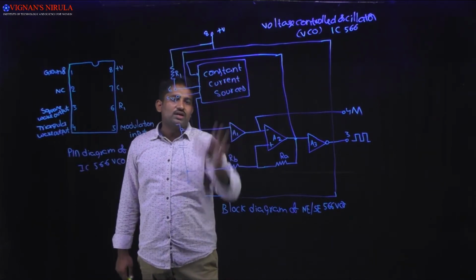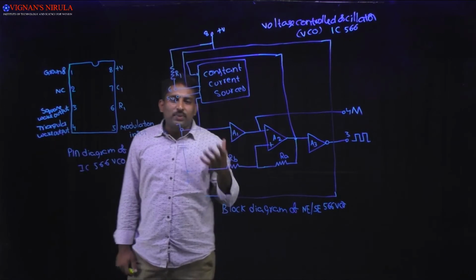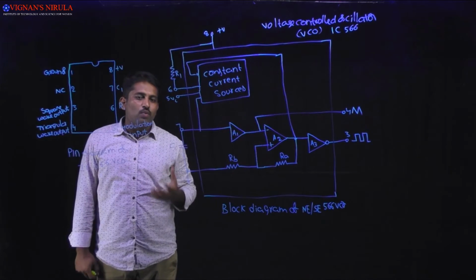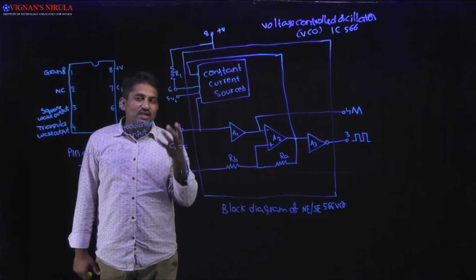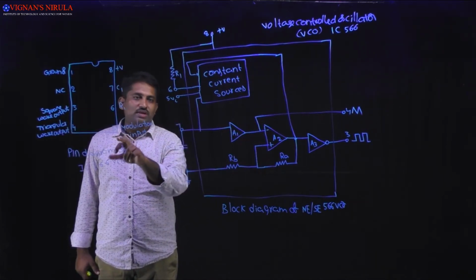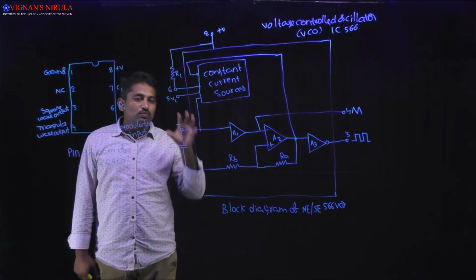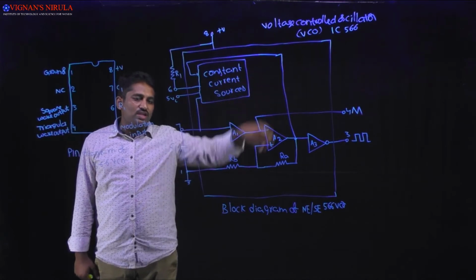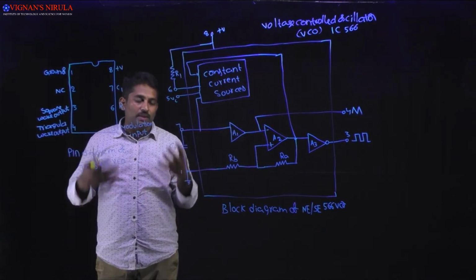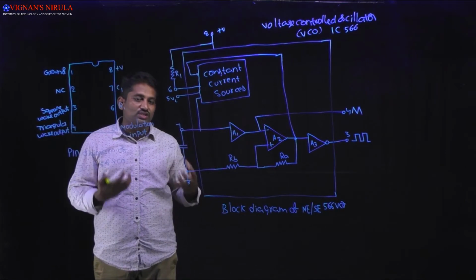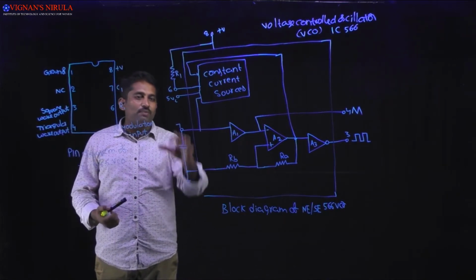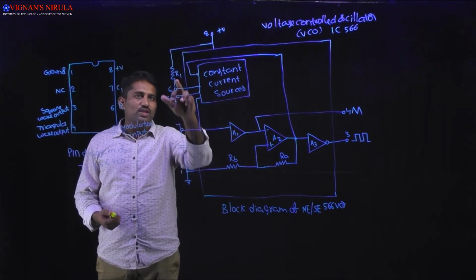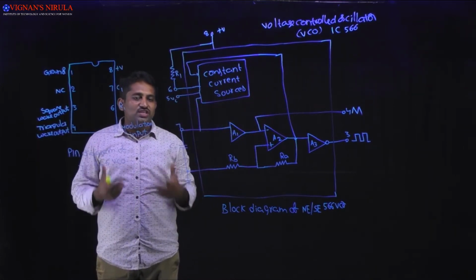Here I am applying the modulating voltage VC at the control voltage pin, which is the 5th pin. With this modulating input voltage the current varies, and accordingly the capacitor charging and discharging varies. Not only with the modulating input signal, the output current also varies because of the resistance.